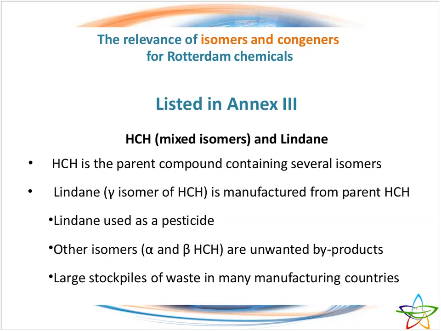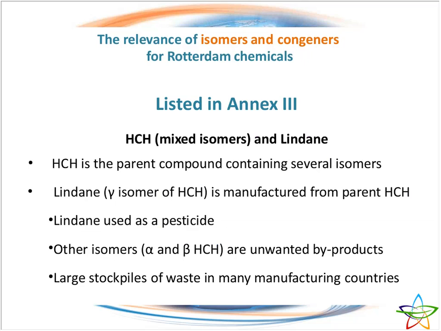Now, if we look at the first chemical we have in front of us, which is the HCH, hexachlorocyclohexane, mixed isomers, and lindane, I will take the three, the alpha, beta, and gamma.